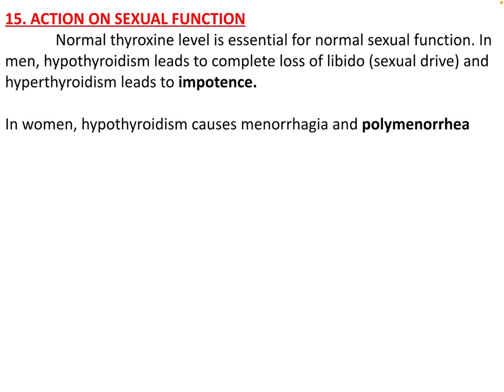In women, hypothyroidism causes menorrhagia and polymenorrhea. In some women, it causes irregular menstruation and occasionally amenorrhea. Hyperthyroidism in women leads to oligomenorrhea and sometimes amenorrhea.